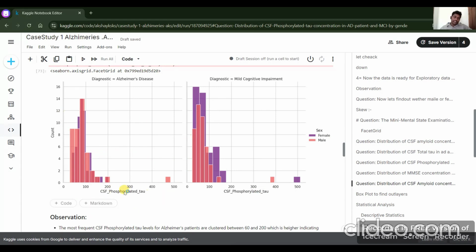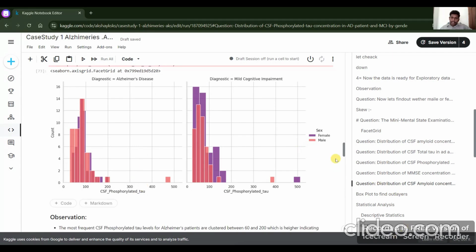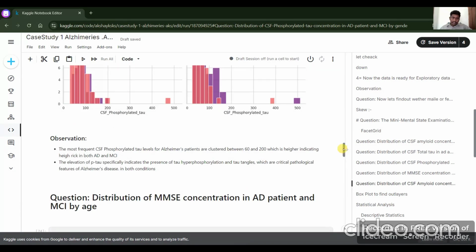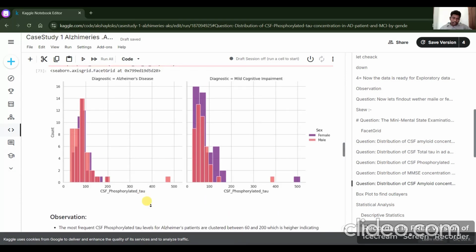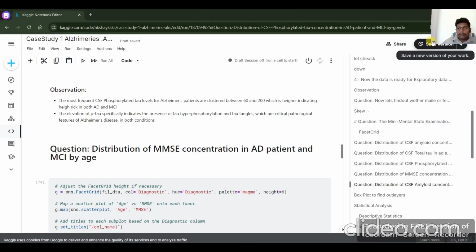Then the observation: the most frequent CSF phosphorylated TAU levels for Alzheimer's patients are clustered between 60 and 200, which is higher, indicating high levels in both AD and MCI.